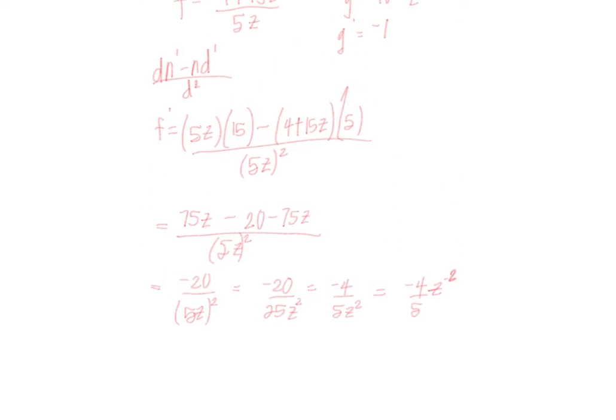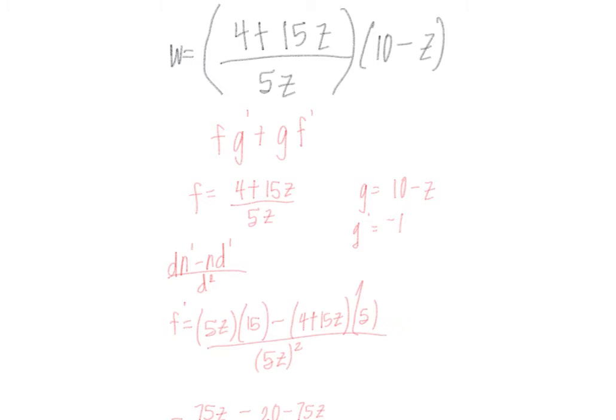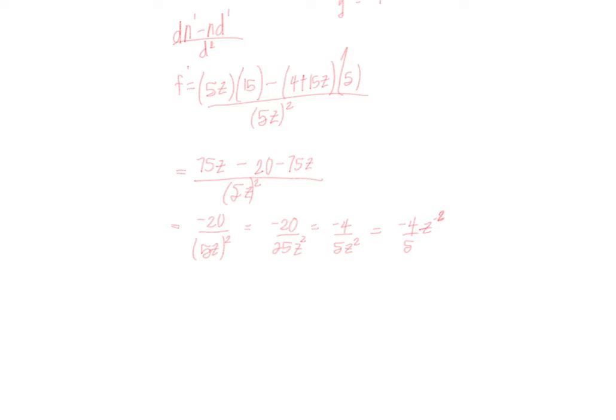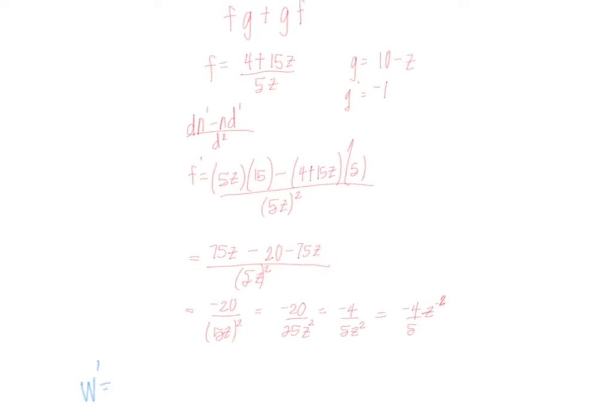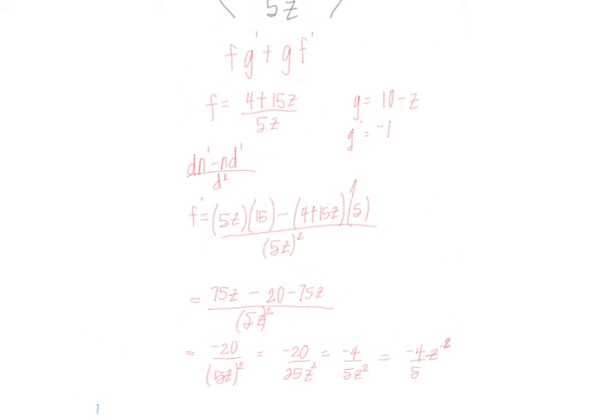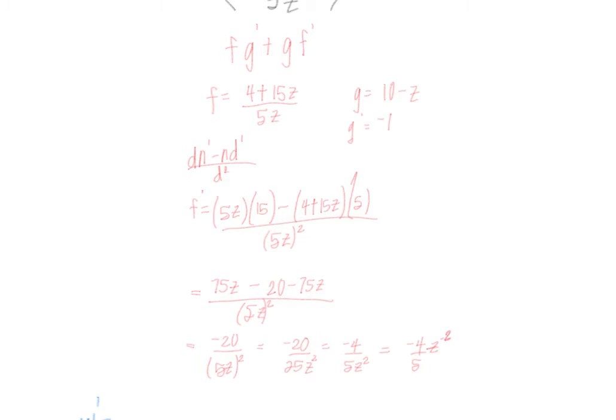Now that we've finished that quotient rule that was inside of the product rule, let's go to the product rule. So first, and this isn't y, this is w prime. So first function, and notice how the first function is 4 plus 15z over 5z.